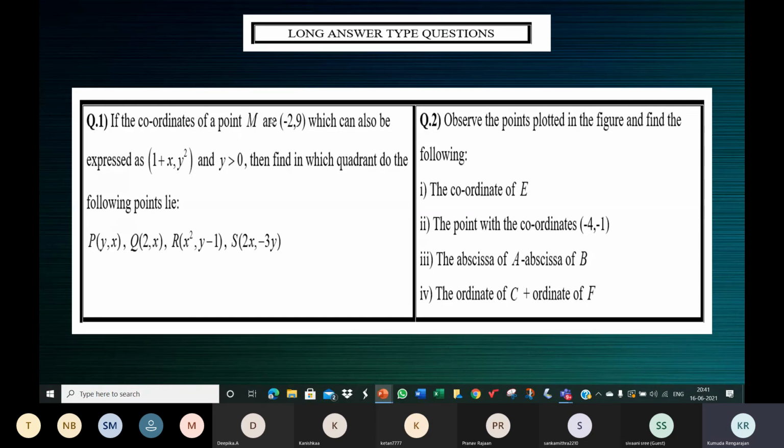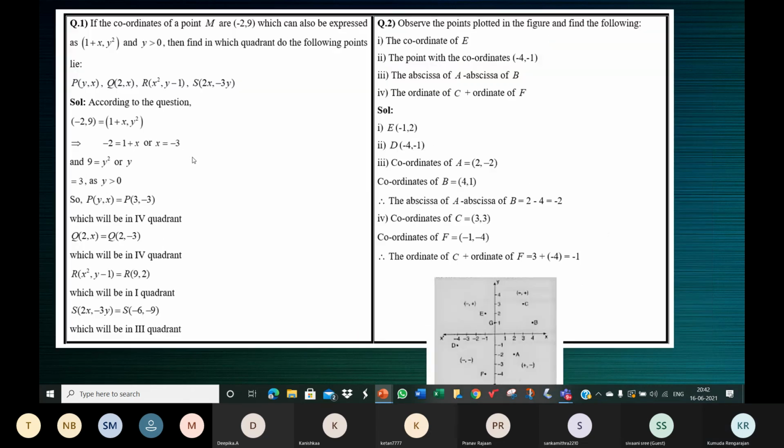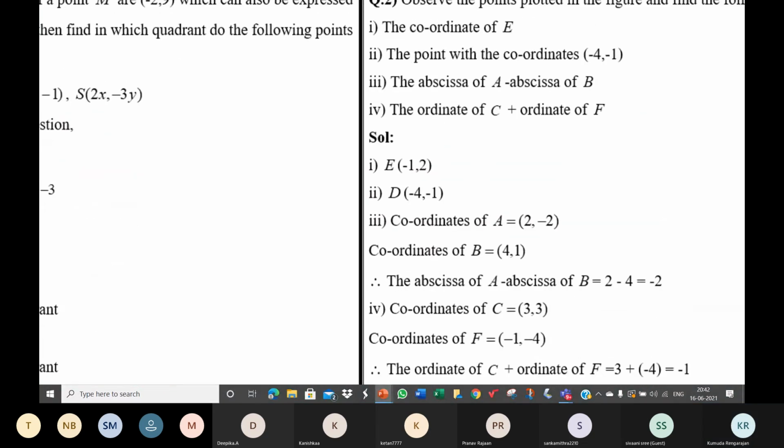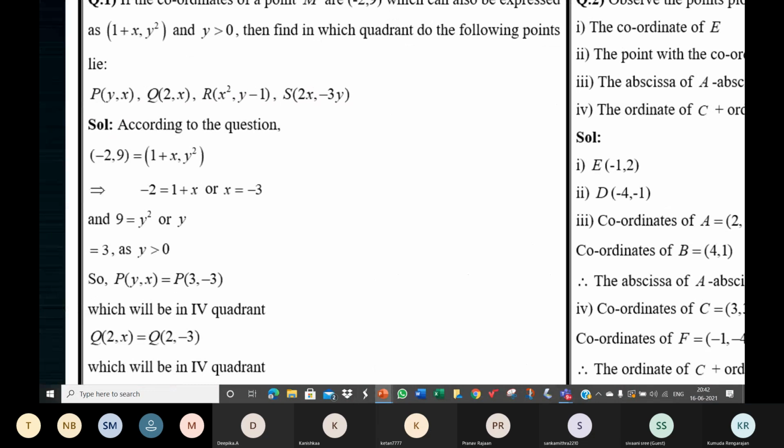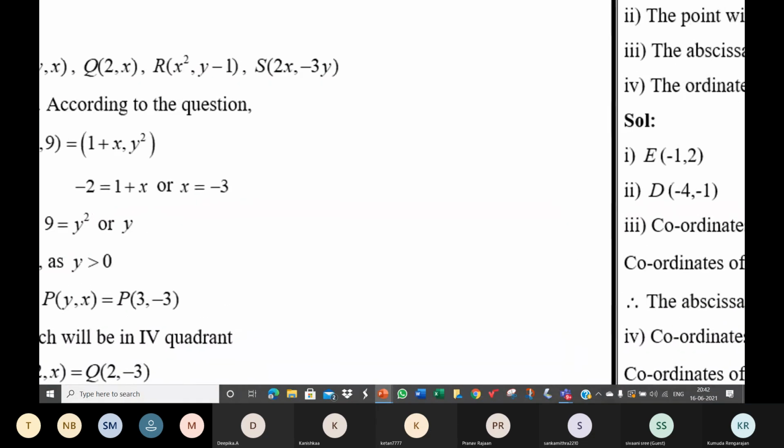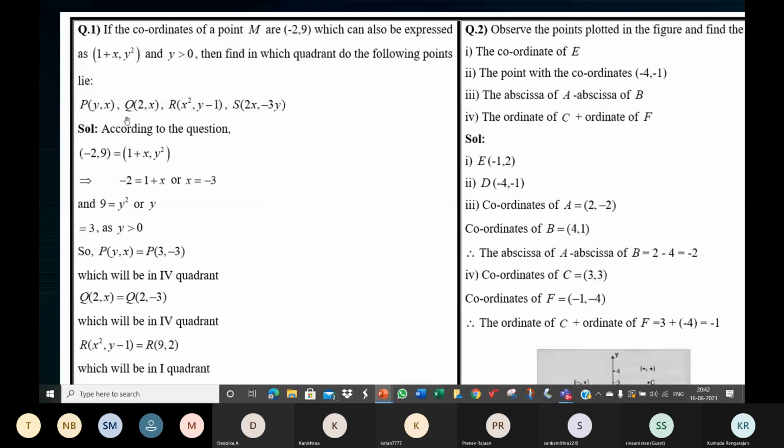It's given that M is given by minus 2 comma 9, which can also be expressed as 1 plus x comma y square.